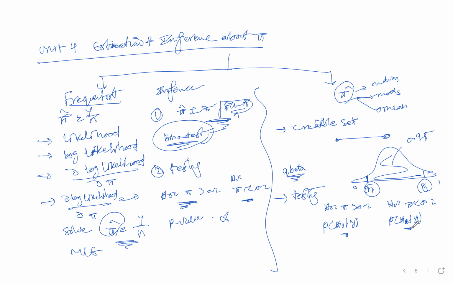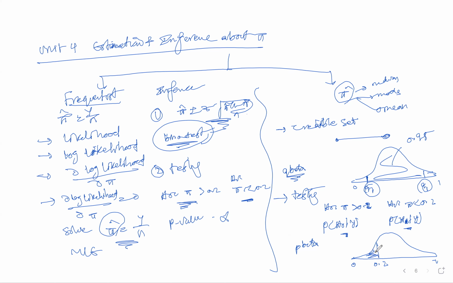So how do I calculate the probability using the function pbeta? pbeta gives me the probability, or the area under the curve, below some specific value. And you see, I can divide the whole range of the parameter from 0 to 1 into two parts, greater than 0.2 and less than 0.2. This one is 0.2.